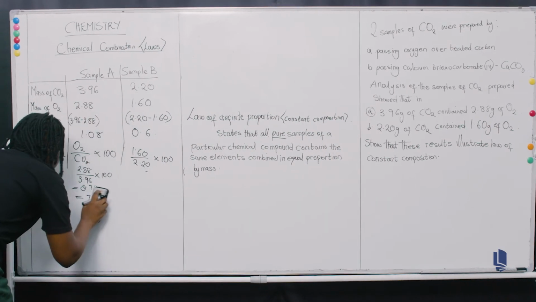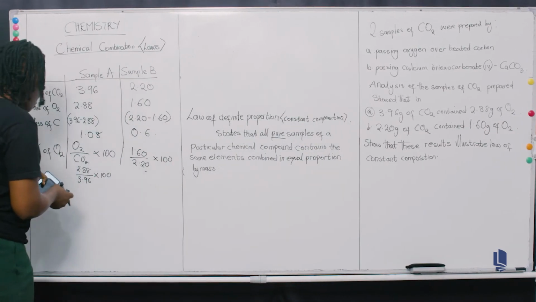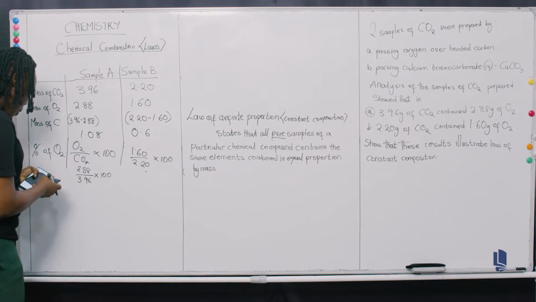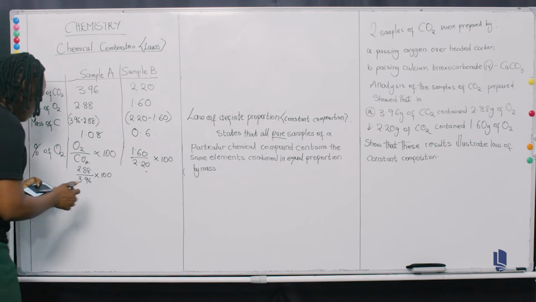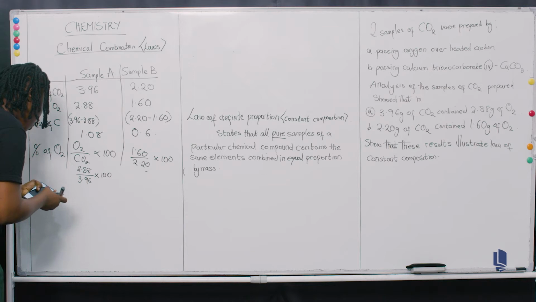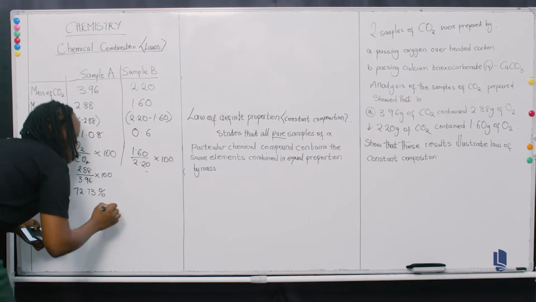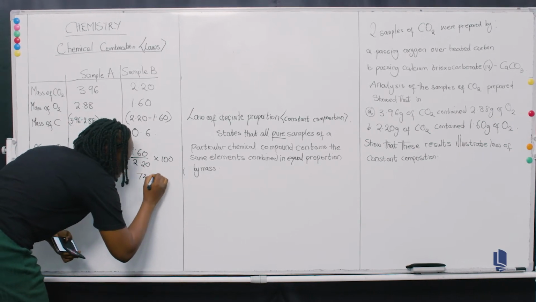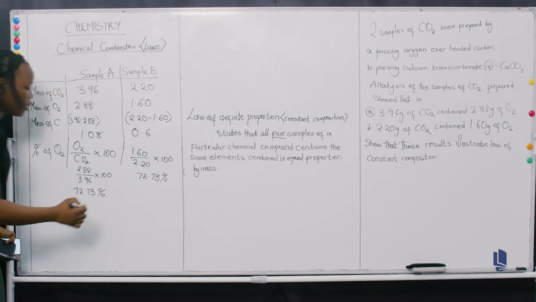Let's go with the actual value: 2.88 divided by 3.96 multiplied by 100 is 72.73%. This as well is 72.73%. We can see for oxygen we have the same percentage.